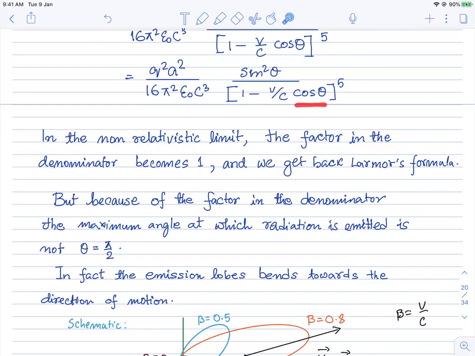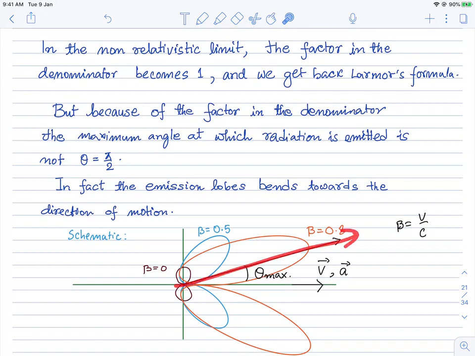Let's say for cos theta near equal to 1, or theta near equal to 0, this factor is almost like 1, but then this denominator decreases very much, and this whole expression of power increases. So with the increase in v, the power emitted is also large.